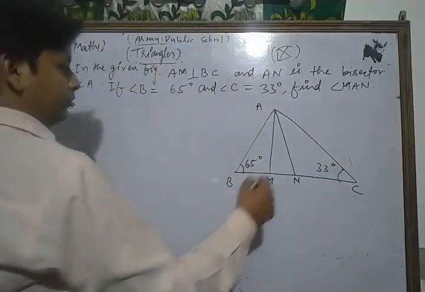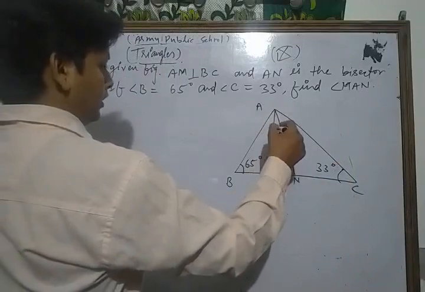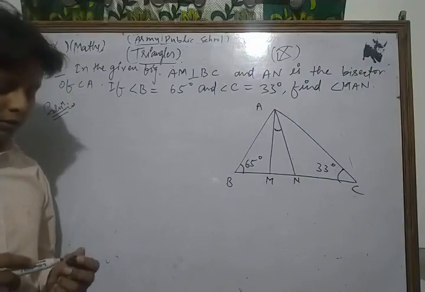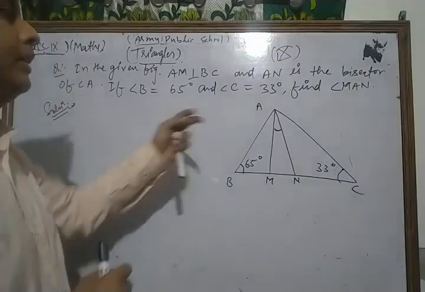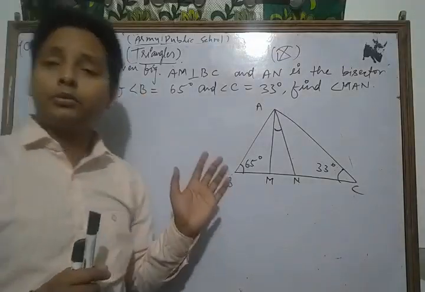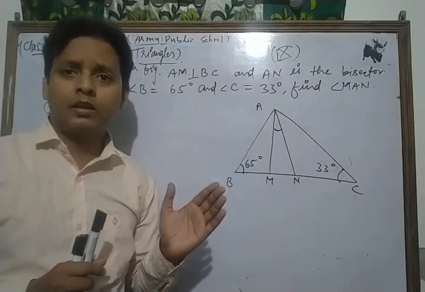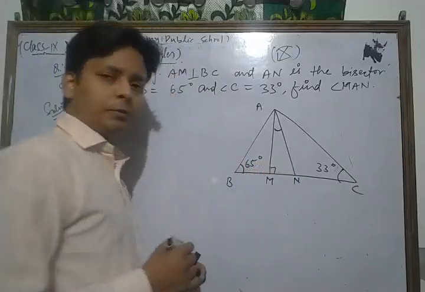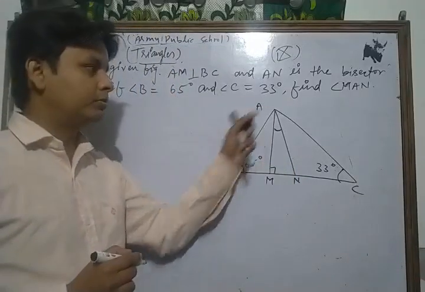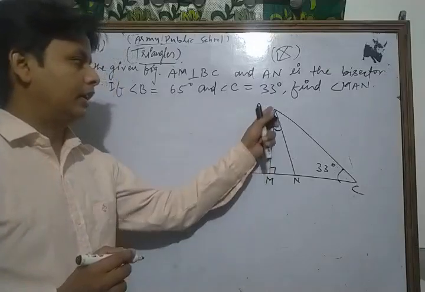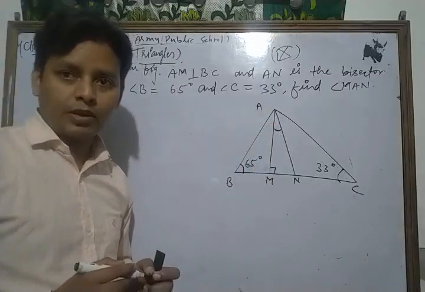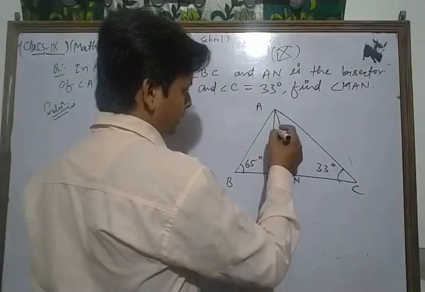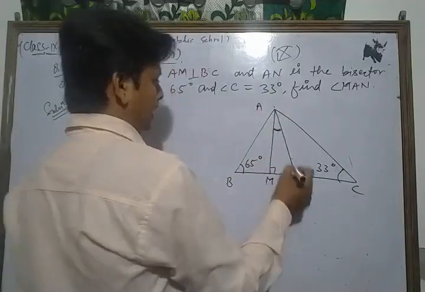Now we find angle MAN. Dear students, in previous classes we have shown a very important result related to that. Here AM is perpendicular to BC from its opposite vertex A, and AN is the bisector of angle A. Then we find the angle between the perpendicular and that bisector, that is angle MAN.